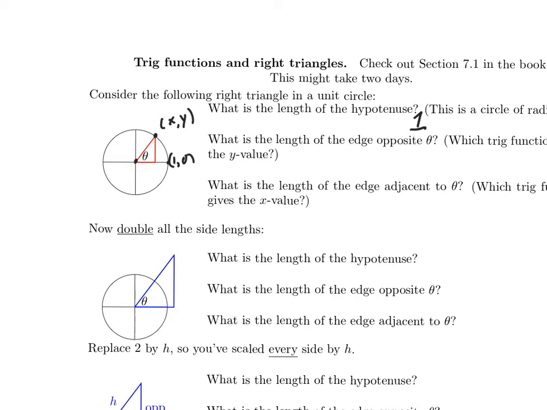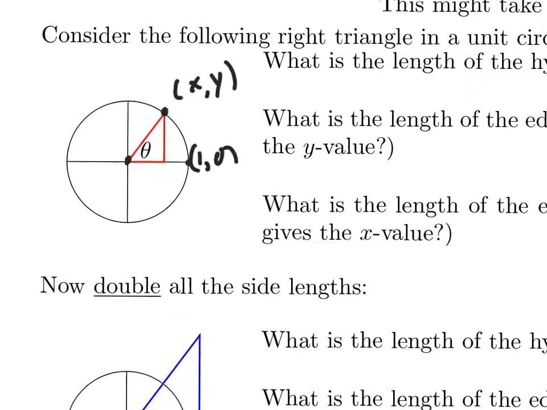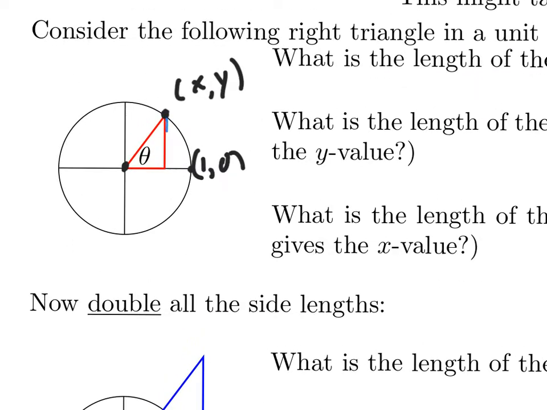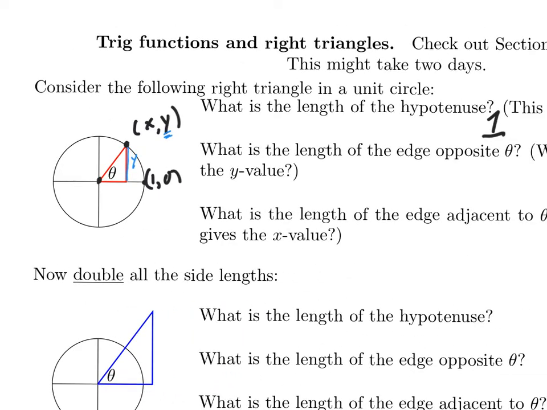What's the length of the edge opposite theta? Let's color code a little bit and look at that triangle. I want to know what this side length is. Notice that side length should be exactly that y-coordinate, right? That side length is how far above the x-axis that point is. So that side length is exactly y.